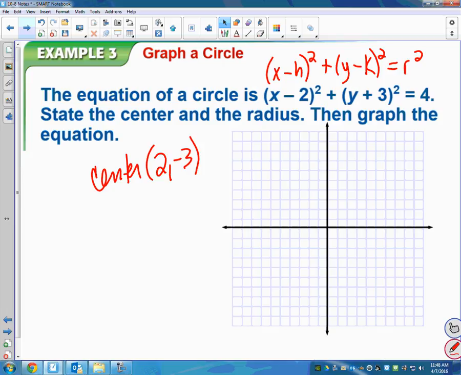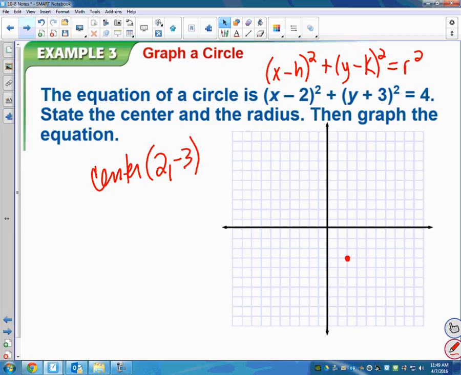This is like the first one ever that we've had where there's a subtraction sign in the problem. So h is always the opposite of what it looks like. It says x minus 2, but that means h was really just 2, right? Think about when we plug 2 in there. And k, since it's positive here, that means it was minus a negative. So the easy way to remember it is your center takes the opposite sign of what's in those parentheses, and that will always work. So my center is 2, -3.